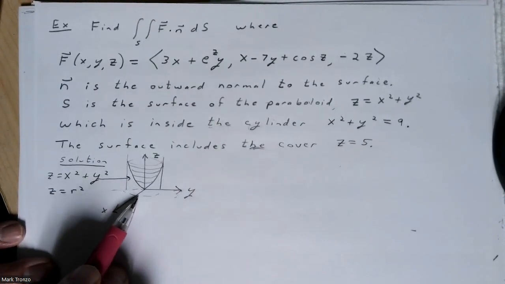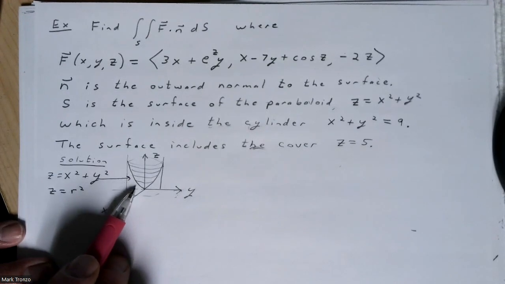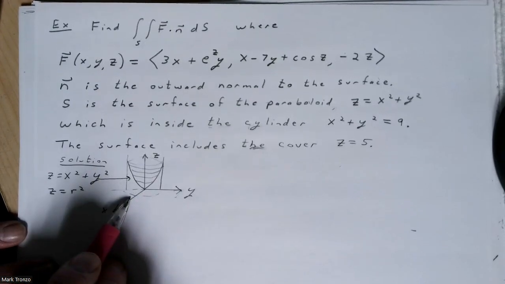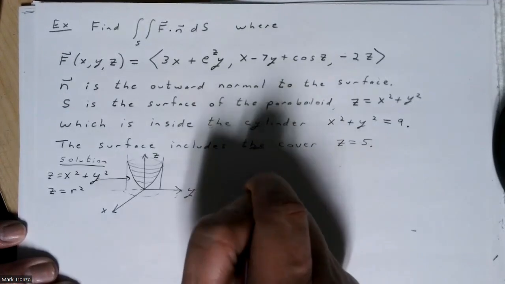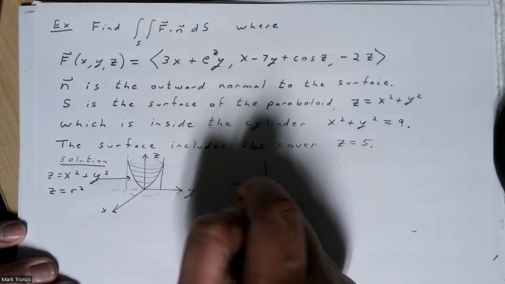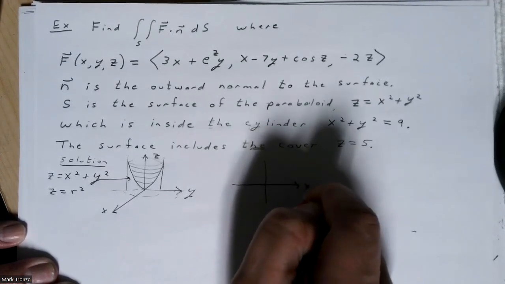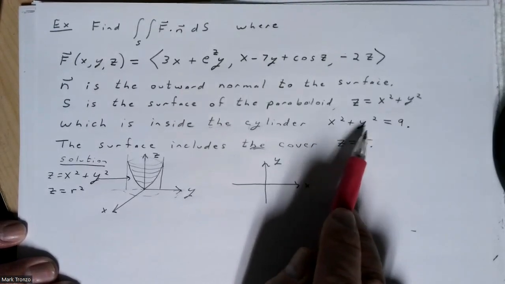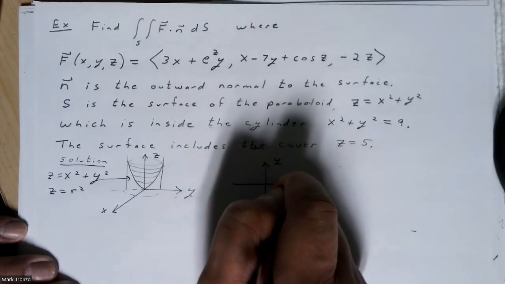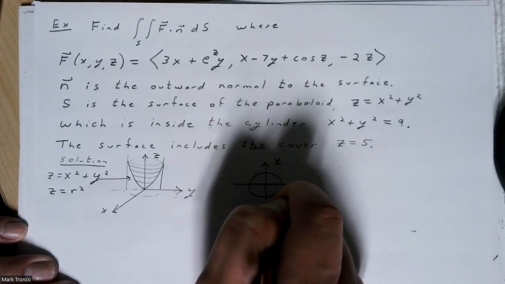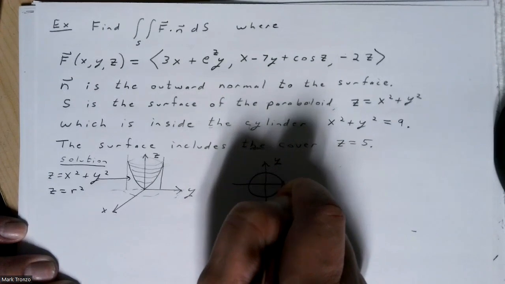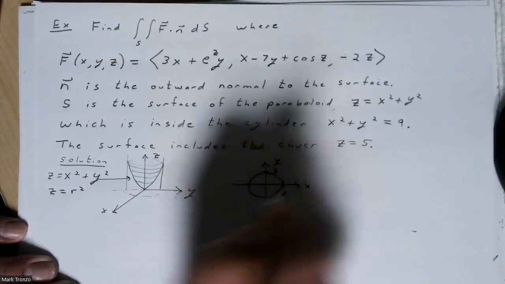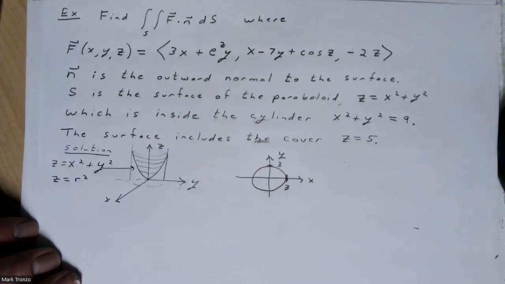So I could imagine we're going to integrate over this volume here, and then this is going to project down onto the xy plane. So let's just take a look at that. And this cylinder's radius 3, like that. That, I think, is eventually going to be our domain.